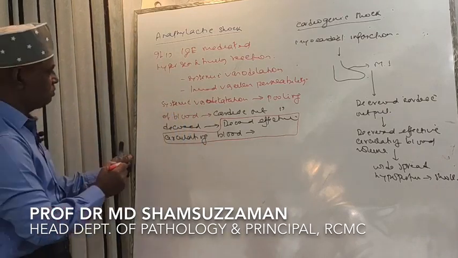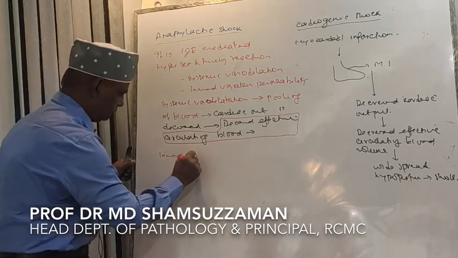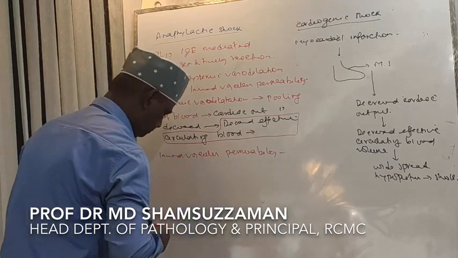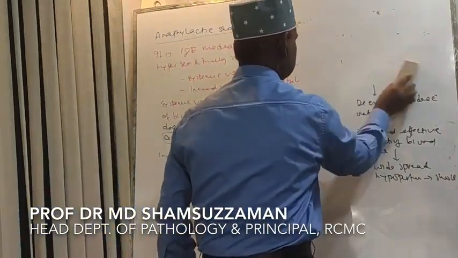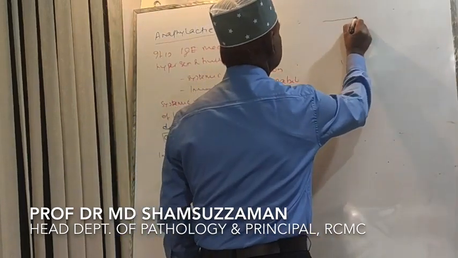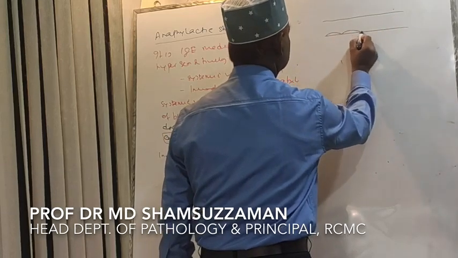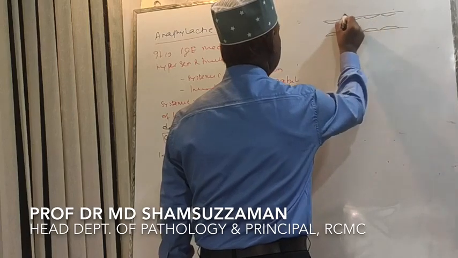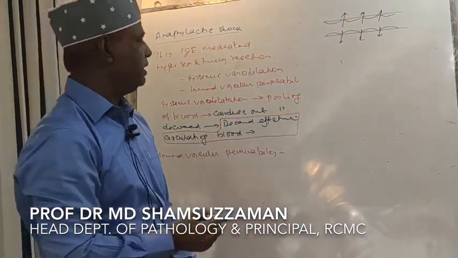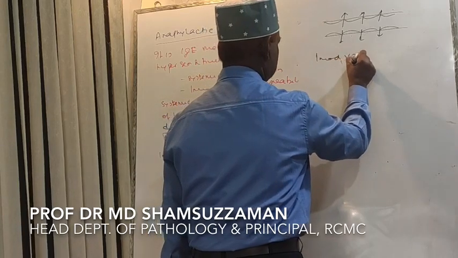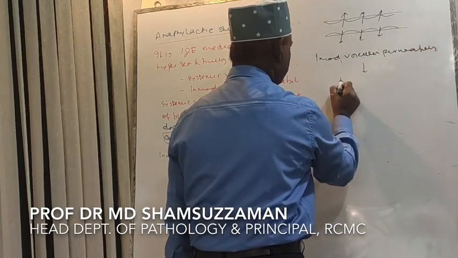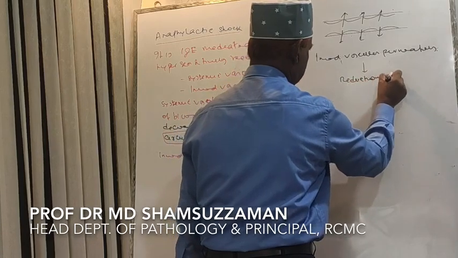Again, come to increased vascular permeability. Dear audience, suppose this is the blood vessel, the endothelial lining. If there is increased vascular permeability, what will happen? There will be reduction of blood volume.